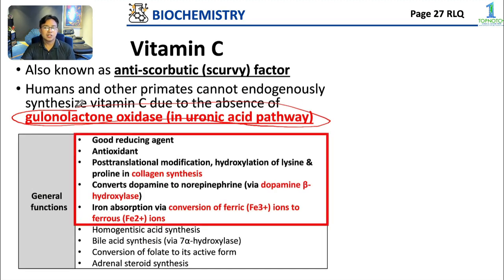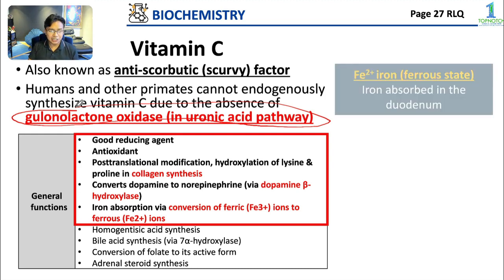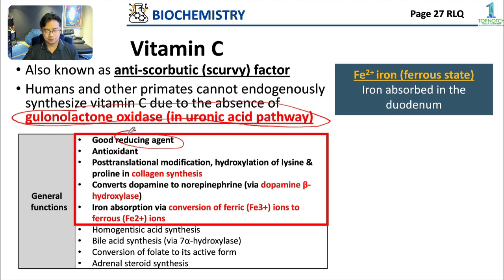It is a good reducing agent, a strong antioxidant, is important in collagen synthesis, conversion of dopamine to norepinephrine, and in the conversion of your ferric iron to ferrous iron, since ferrous iron is the one being absorbed in the duodenum. Again guys, ferric Fe3+, naging Fe2+ siya. There is reduction. And that is being made by your vitamin C because it is a good reducing agent.